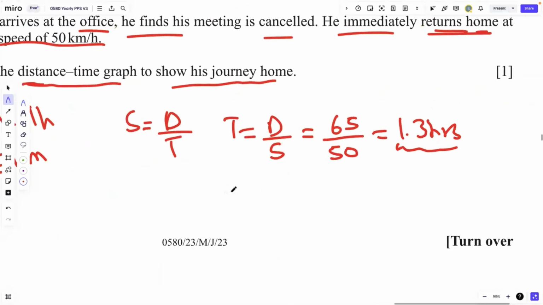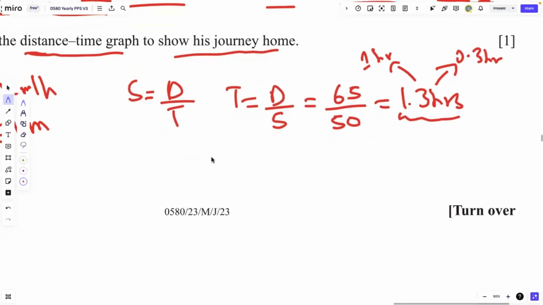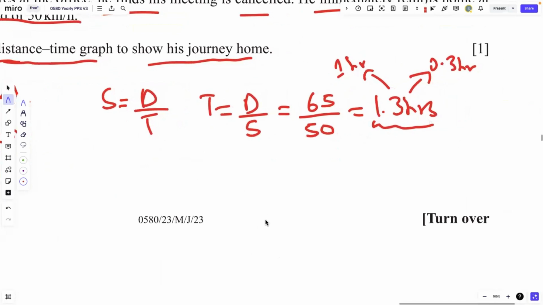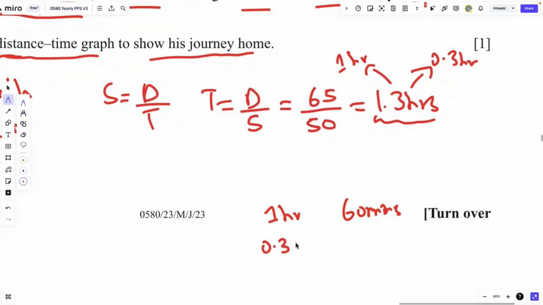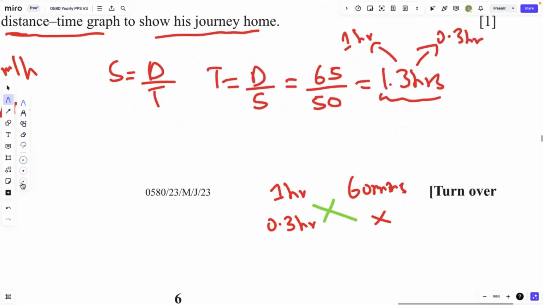So 1.3 hours in minutes. Let's just do it for 0.3 hours, because we do know that this comprises 1 hour and 0.3 hours. So the basic conversion we can do is that 1 hour has 60 minutes. So how much would 0.3 hour have? That's x. Then we can cross multiply and solve.